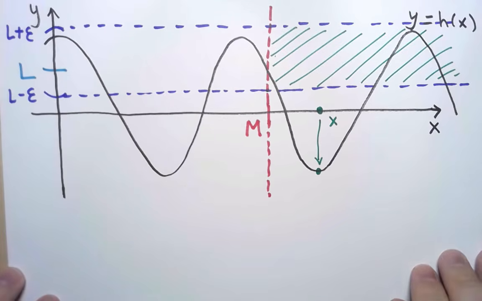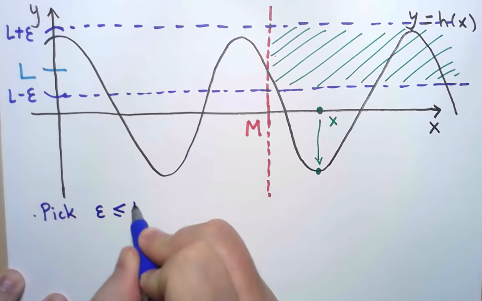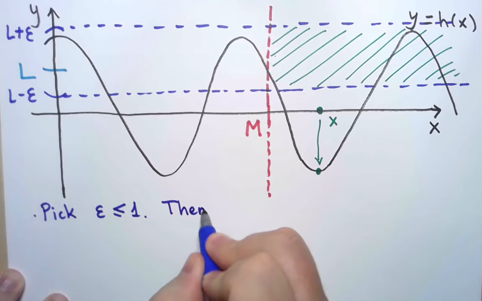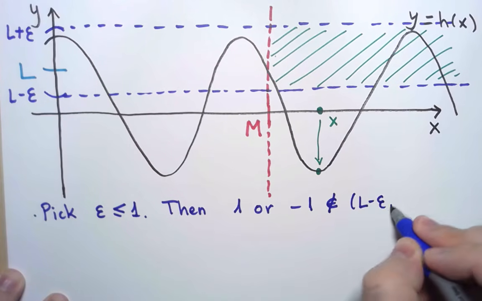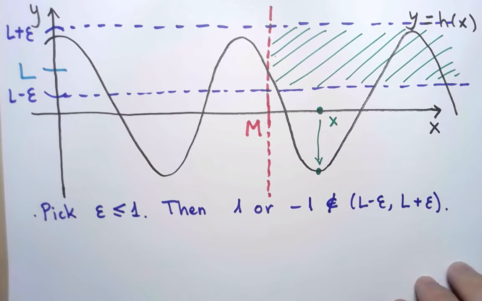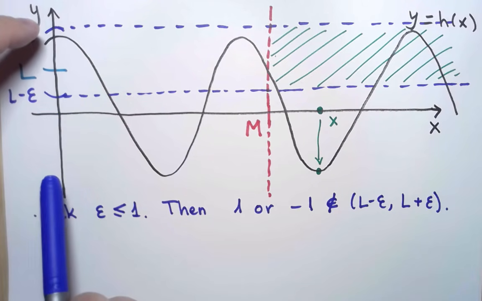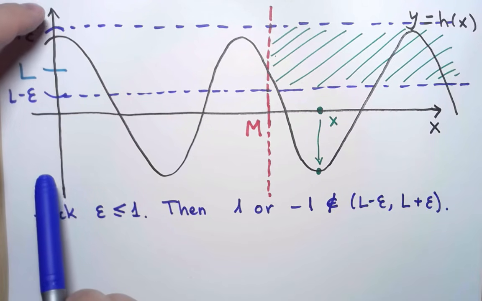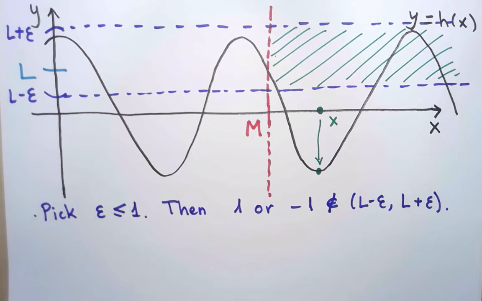So I'm going to pick any epsilon which is at most 1, because then at least one of 1 or -1 has to be missing from the interval L minus epsilon, L plus epsilon. Because in order for the open interval to include both -1 and 1, the diameter would have to be strictly greater than 2. So epsilon would have to be strictly greater than 1.